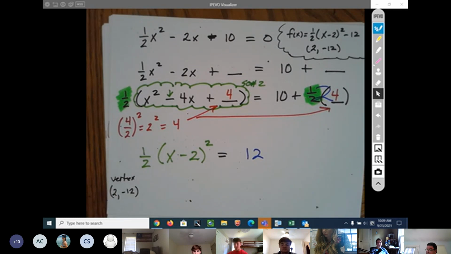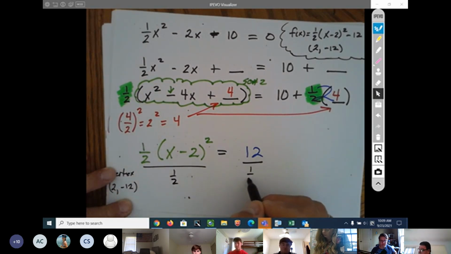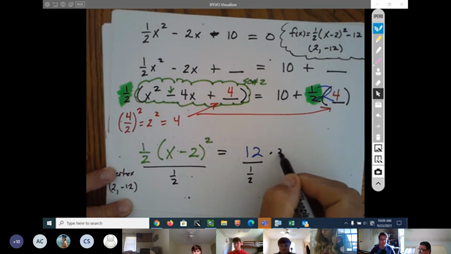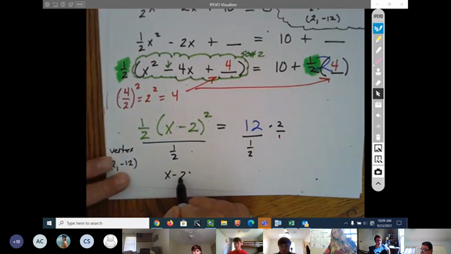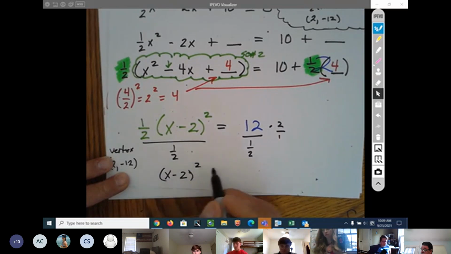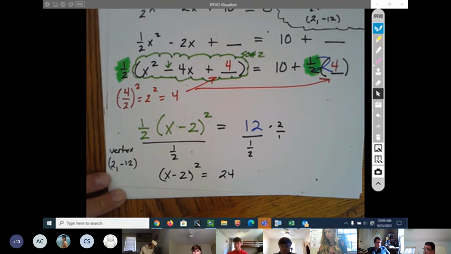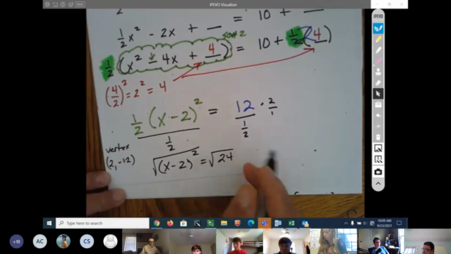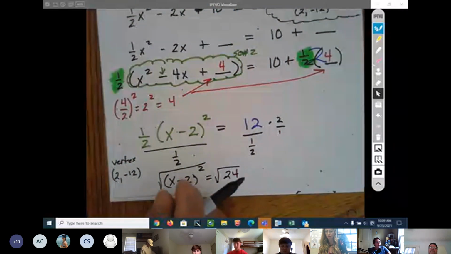And now we're going to solve it. Divide by 1/2, which means multiply by 2 over 1. So x minus 2 quantity squared is equal to 24. Now let me ask y'all something. If the square root of 25 is 5, what do you think the square root of 24 is?